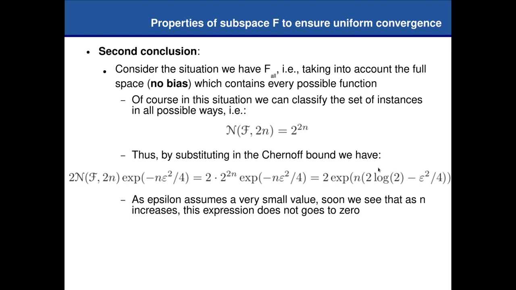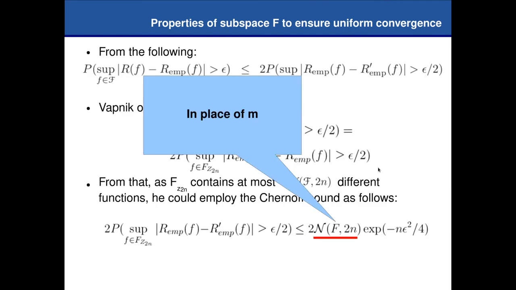How could I have some upper bound if this grows to infinity? I'll never have a bounded probability over here, because this is going to grow indefinitely. You know what's interesting about that?